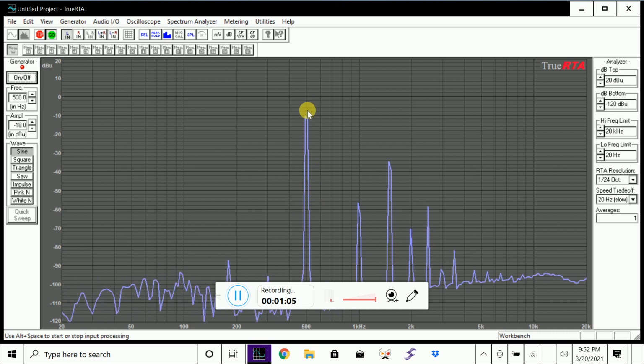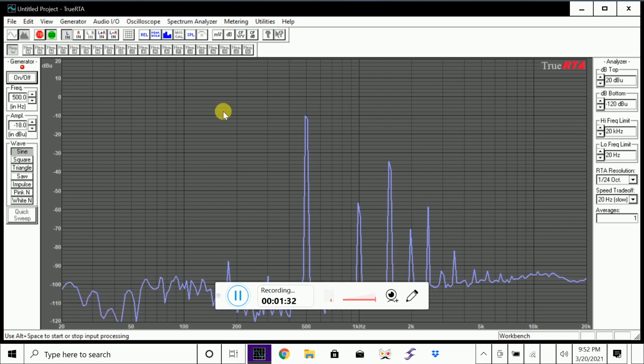And what we get here is this is a 500 hertz test tone sine wave, and we have our first harmonic at 1K and our second harmonic at 1500, and then we have our third harmonic at 2K, and 2500, and 3K, and 3500, like that. So fundamental frequency, or first harmonic, second harmonic, third harmonic, fourth harmonic, fifth harmonic.